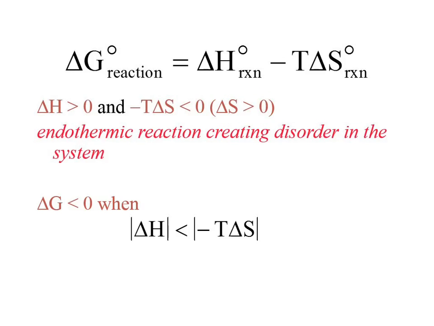So again, it's possible to get a negative value for your delta G. But that's only going to happen when the absolute value of this term with the entropy, this T delta S term, is larger, because it's favoring spontaneity, than the absolute value of your enthalpy term.